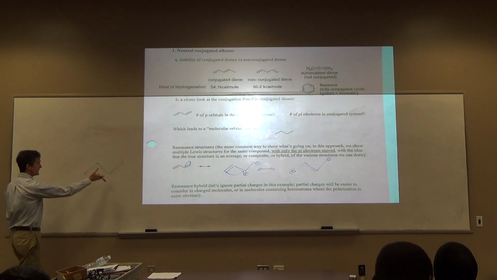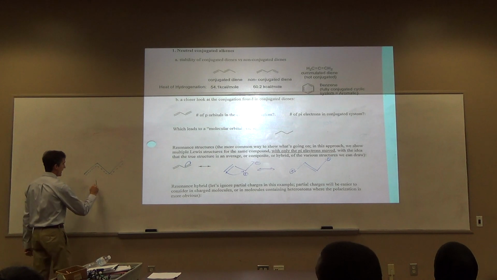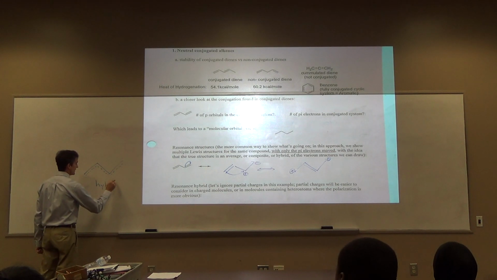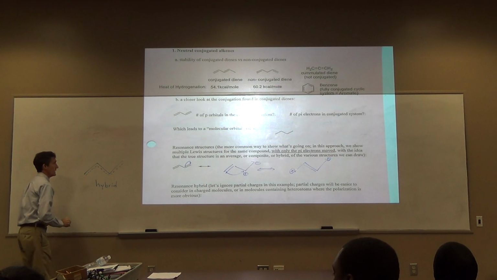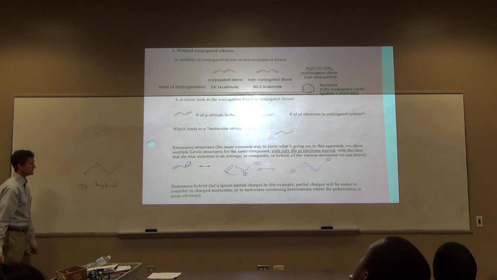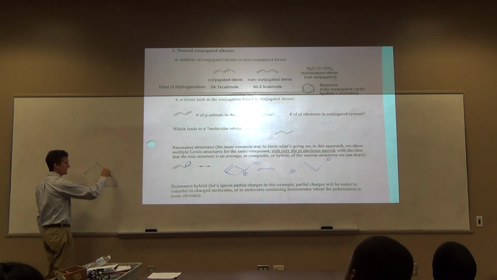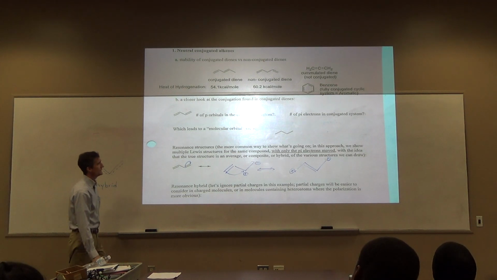And this becomes more of the true structure here. This is your resonance hybrid. And the electrons are really spread out all through here. Ultimately, why?